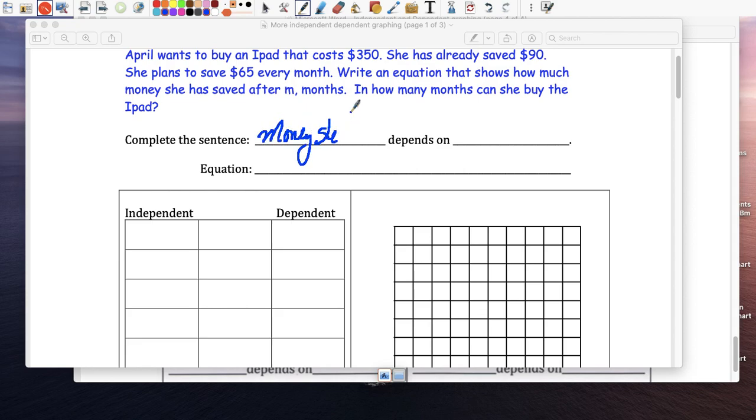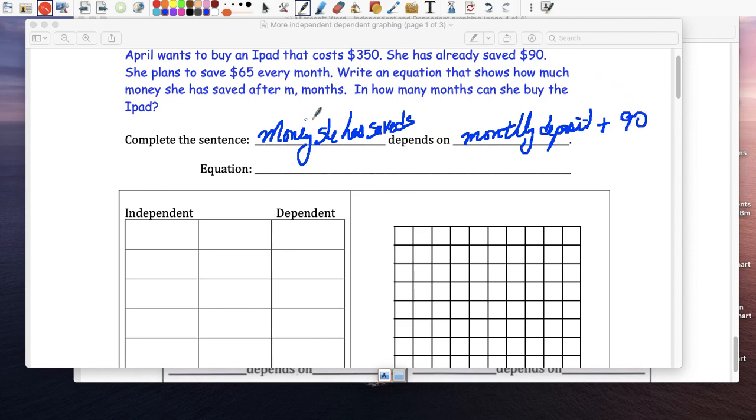she has saved depends on what? The money she has saved depends on her monthly deposit, plus the 90 she already has.